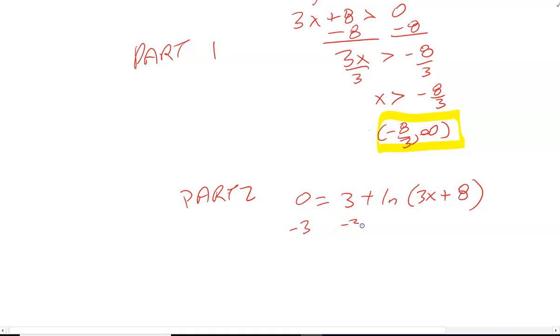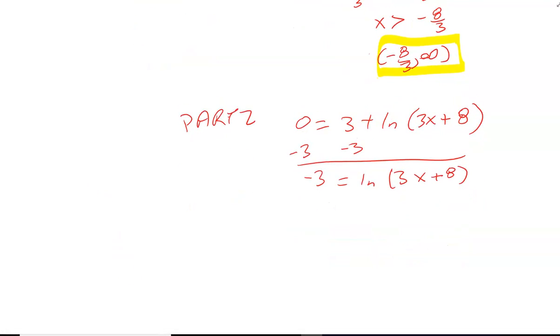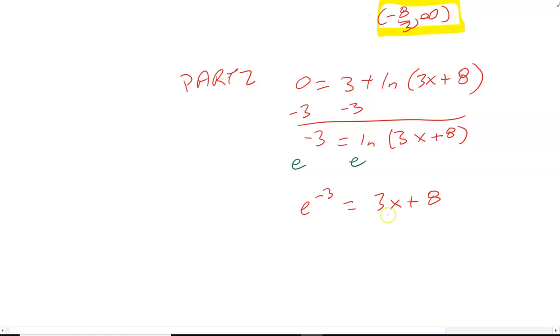Subtract 3 from both sides. We have negative 3 equals ln of 3x plus 8. Then in order to undo the ln, we take e to both sides. So we have e to the negative 3 is equal to 3x plus 8. We want to get x, so we subtract 8 from both sides: e to the negative 3 minus 8 is equal to 3x.